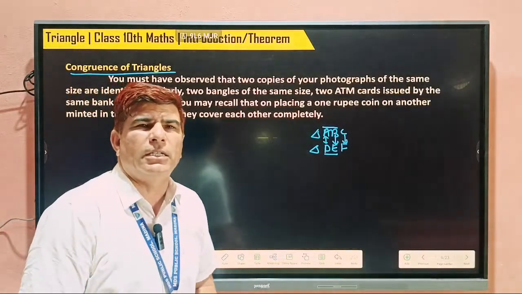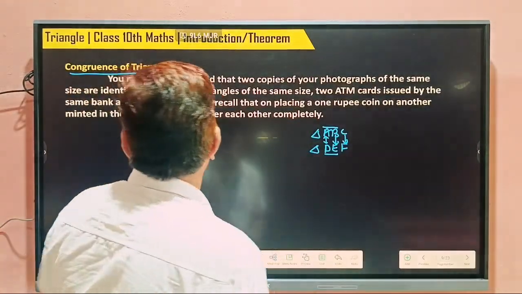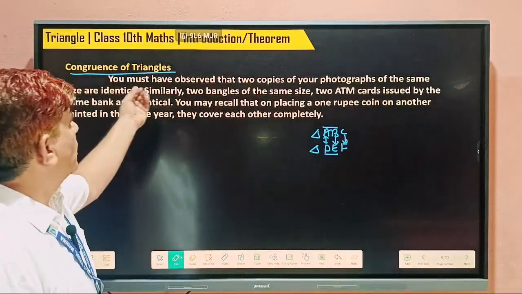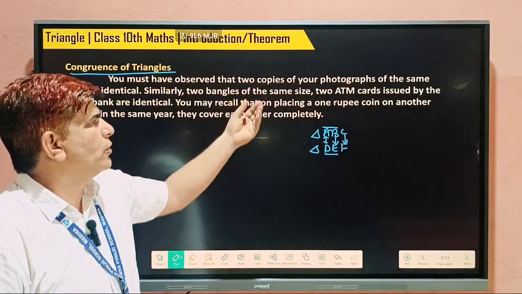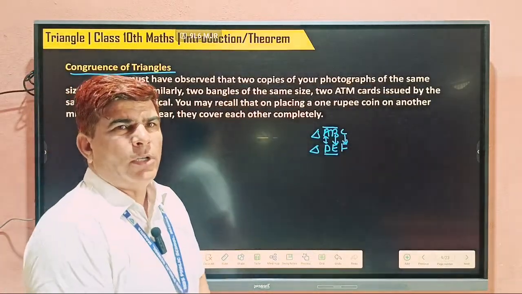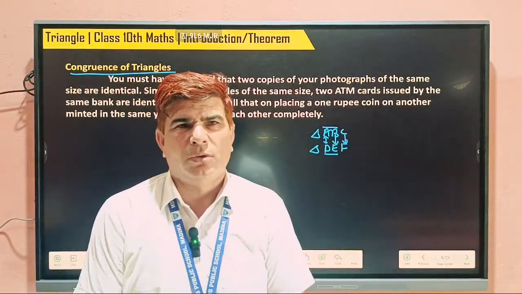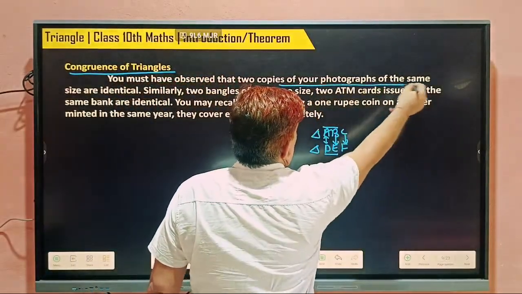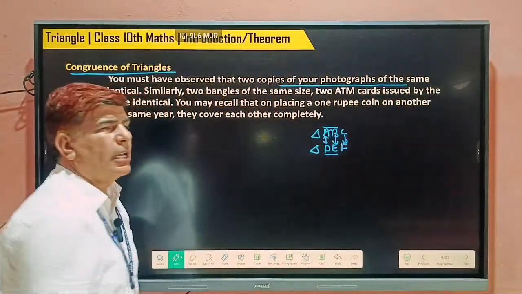Congruent means same as it in all respect. Here is one example from your daily life. You must have observed two copies of your passport size photograph. Two copies of passport size photographs of the same size are identical.